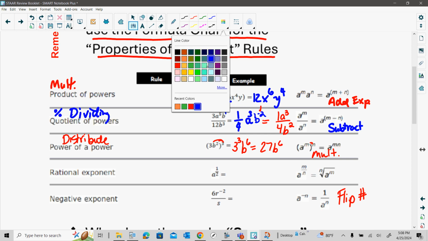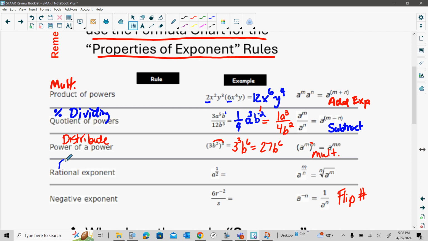As for rational exponents, when I'm talking about rational exponents, I'm referring to fractions. Now you can do all this in your calculator to get to the answer, but what they're trying to get you to understand is, if I have a base raised to a fraction exponent, that fraction has a top and a bottom. I'm just going to show you a shortcut. The top number goes inside the radical, the bottom number goes outside the radical.